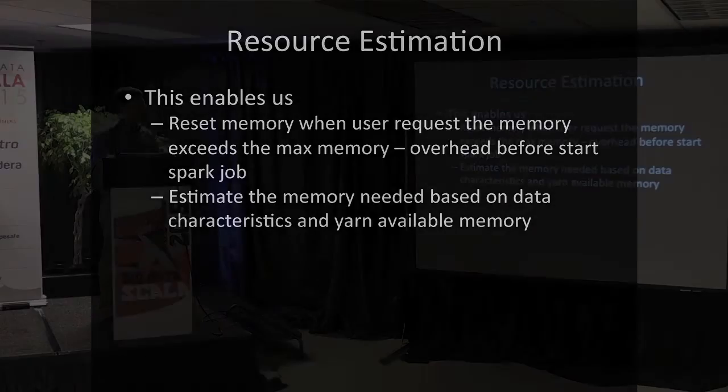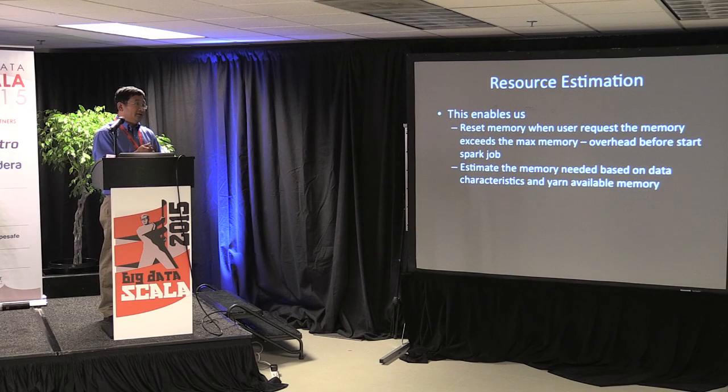At this point we already know the max memory the container has and the overhead, so if it's asking too much, we just reset it to the maximum so you can continue instead of the job getting killed. And the second one is, if you happen to know your file size, you can combine it with the max memory you get from the callback and do a better estimation, dynamically and programmatically, of the driver memory and executor memory.